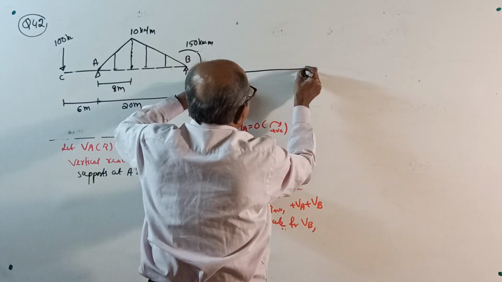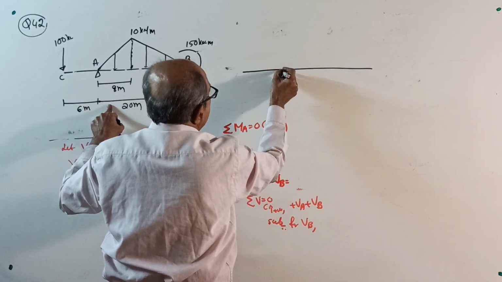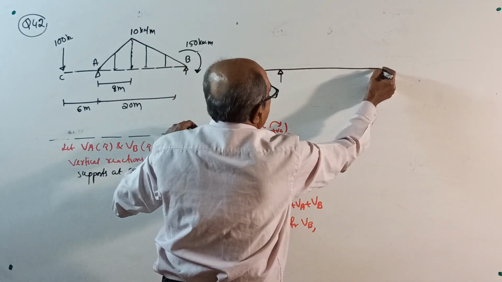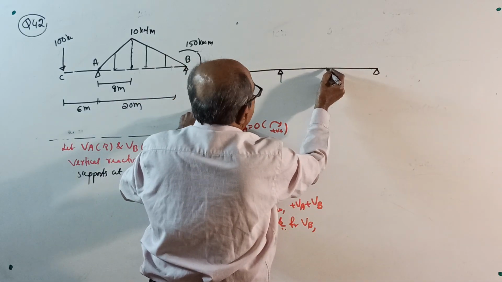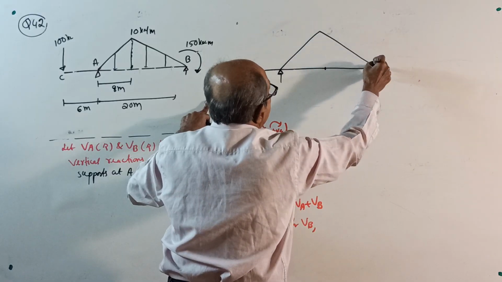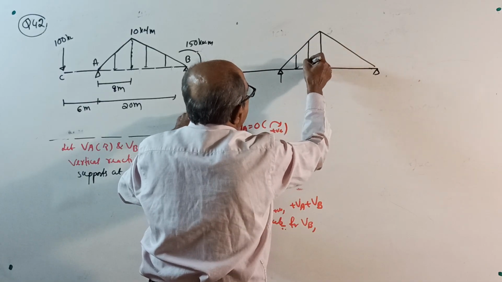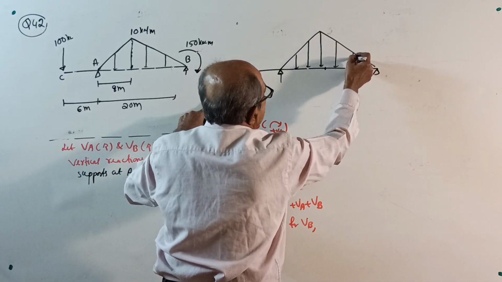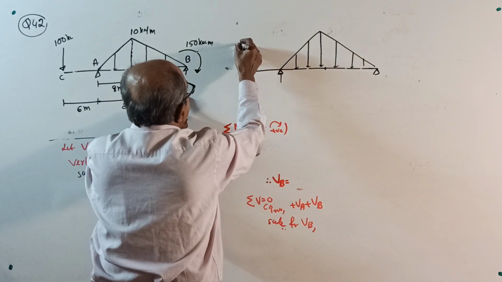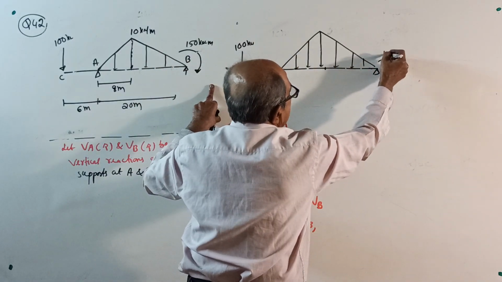This is A, 6 meter, then 20 meter here, then this is 8 meter, somewhere here. Good question. And here, point load of 100 kilonewton. Here a couple of 150 kilonewton meter.